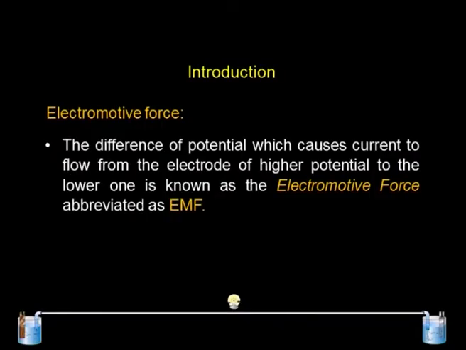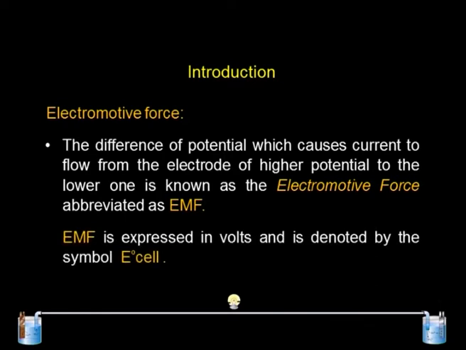Electromotive force is defined as the difference of potential which causes current to flow from the electrode of higher potential to the lower one, and it is represented as EMF. EMF is expressed in volts and it is denoted by the symbol E0 cell.